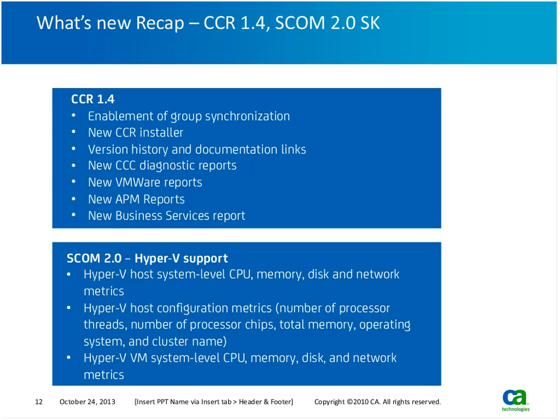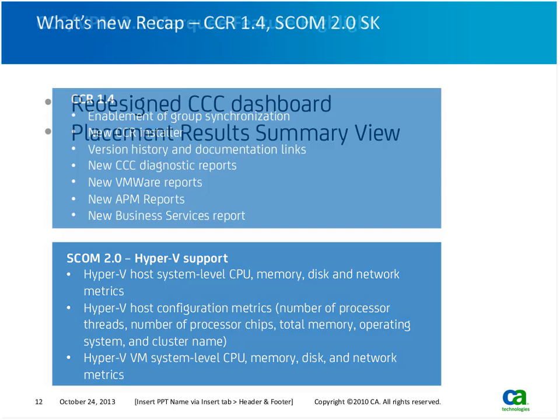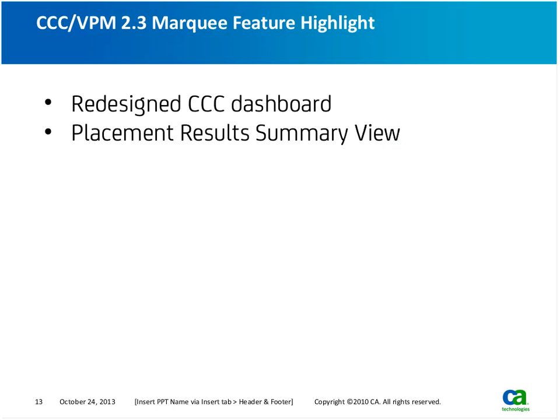What I'm going to do next is quickly go through two of the marquee features in the upcoming November release. Both of them are related to usability and on the UI side. One of the key pieces of feedback we got from a lot of existing CCC and VPM users is that some of the valuable information is scattered in different places.